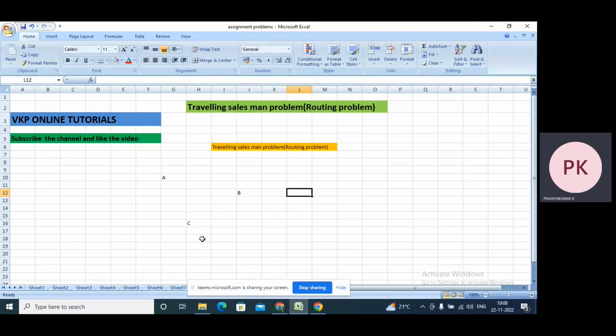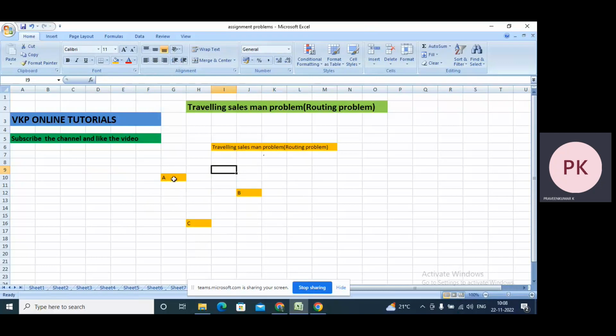In this example we have three cities: city A, city B, and city C. City A is the origin for the traveling salesman. Now he has to visit the different cities in order to minimize his traveling cost. So those problems are known as traveling salesman problems.